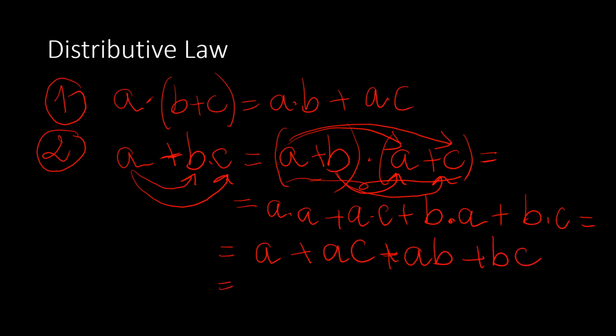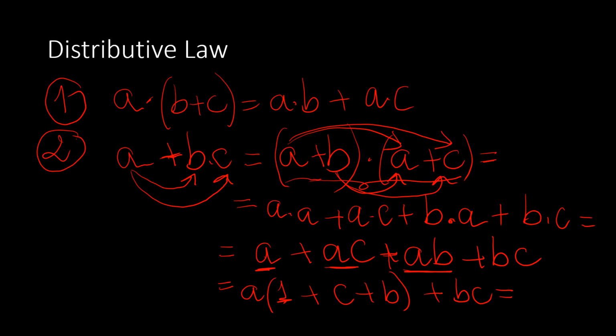So what we can do here, we can put a common factor. The three terms here have the common factor A. I can factor it out. So here it will be A and 1 plus C plus B, or BC.